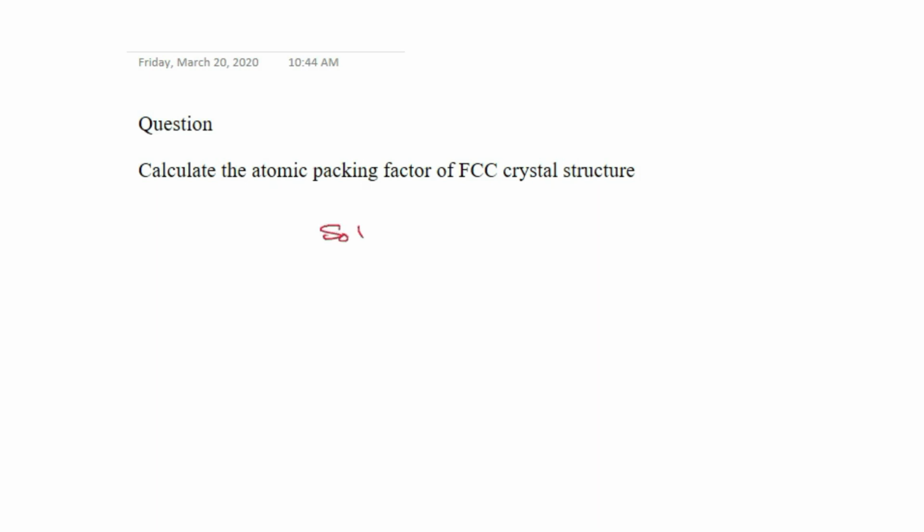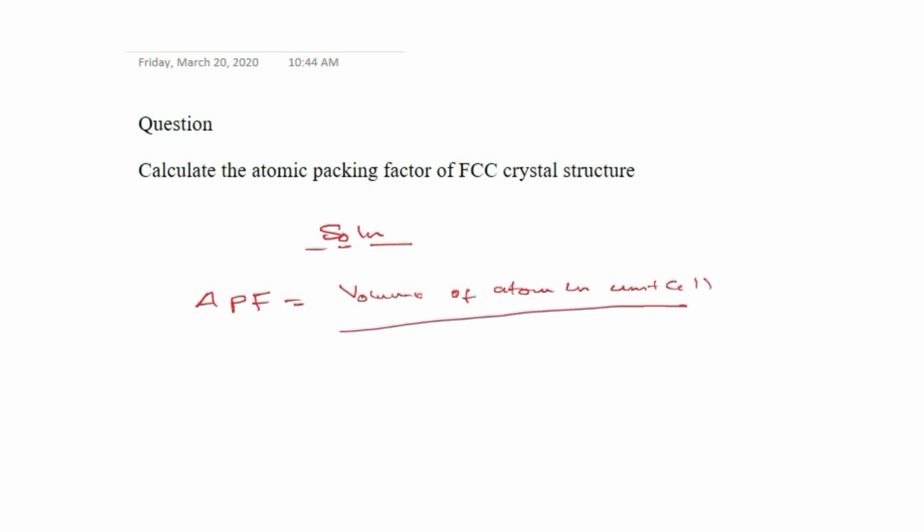So solution. We know that the formula of atomic packing factor from our previous class is equal to the volume of atom in unit cell divided by the total unit cell volume.